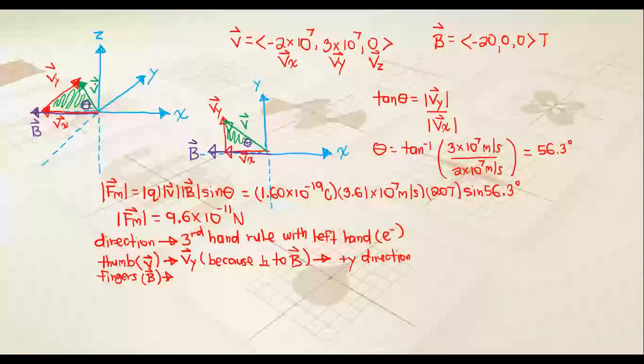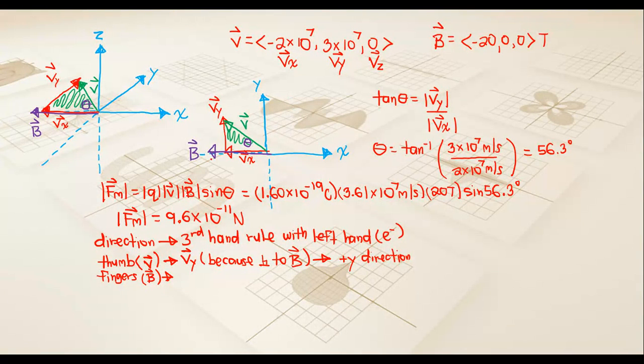What direction does the magnetic field point? It points in the negative X direction. And then your palm is the deflecting magnetic force.